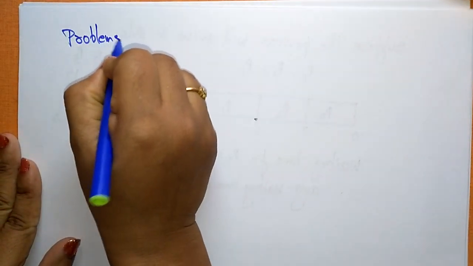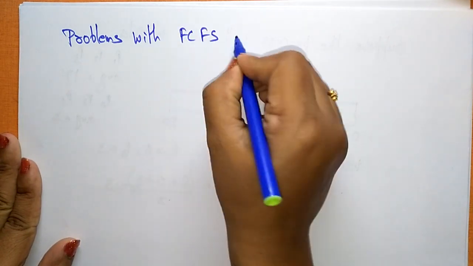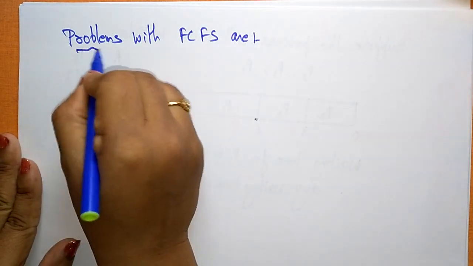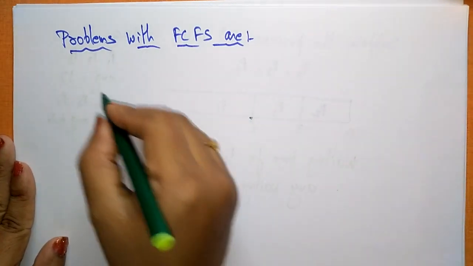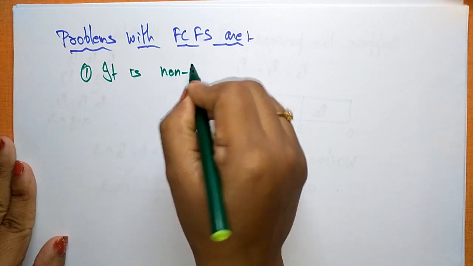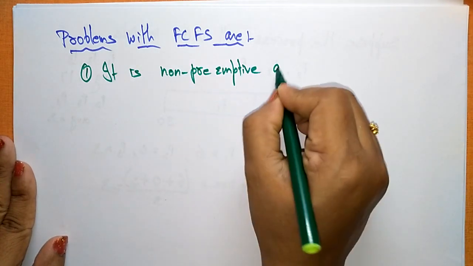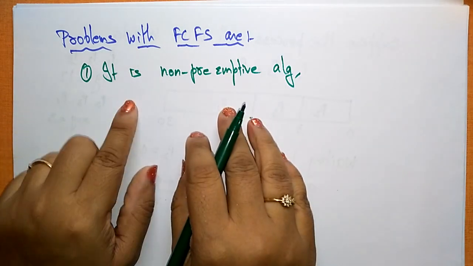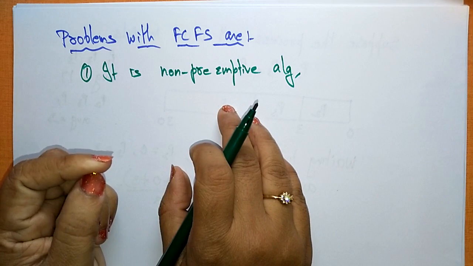Problems with first come first serve. First, it is a non-preemptive algorithm. Why am I saying this is a non-preemptive algorithm? Because the process has no choice.